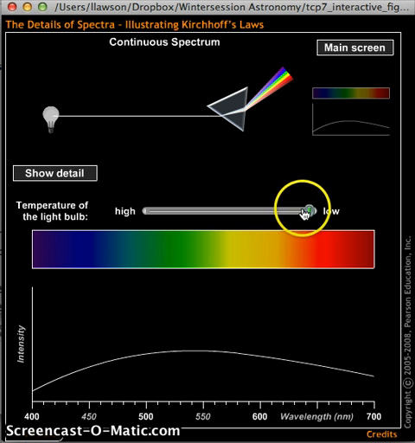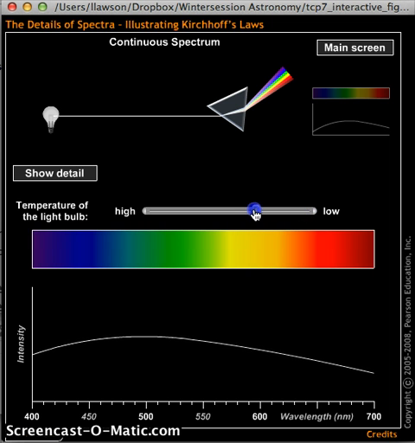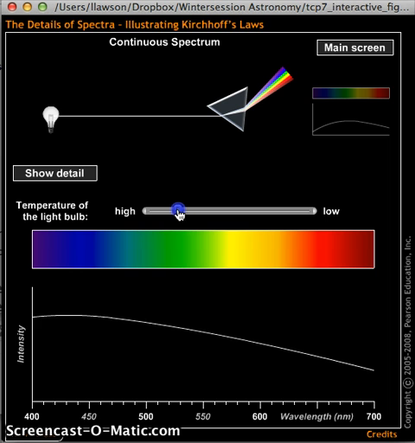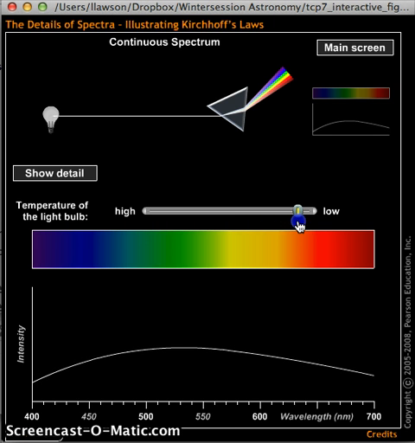And we can also see here that as we change the temperature of the light bulb, which is our light source here, the shape of this curve changes, which basically is talking about relatively how much of each wavelength of light is being emitted of all the different wavelengths. So as we raise the temperature, notice that the short wavelengths increase in intensity, and as we go backwards and lower the temperatures, it changes sort of the distribution of the light intensity.